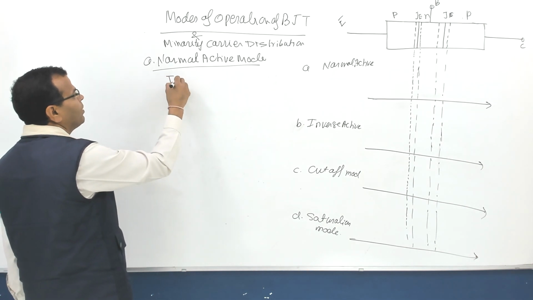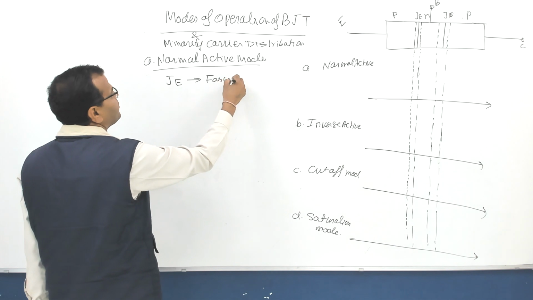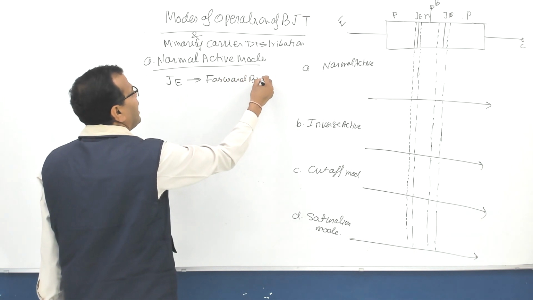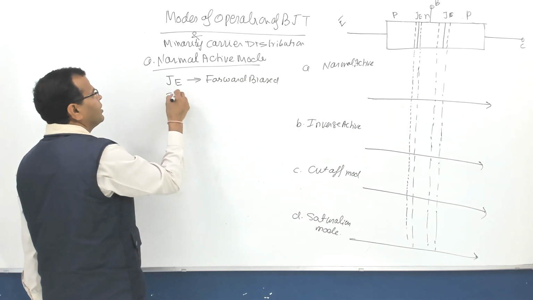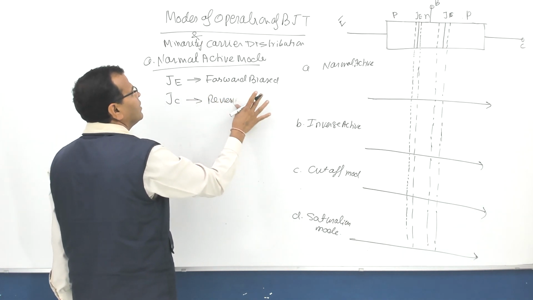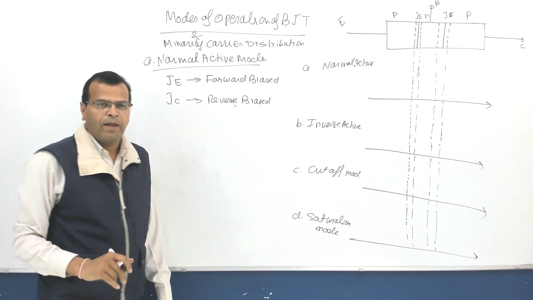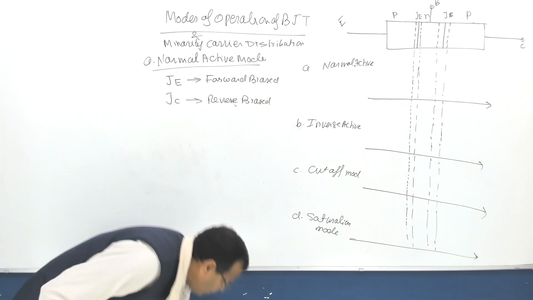So in this mode of operation, the emitter junction is forward biased and the collector junction, that is JC, is reverse biased. That is your first mode of operation.